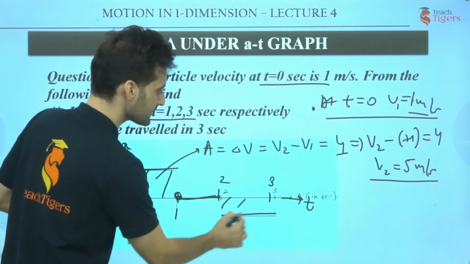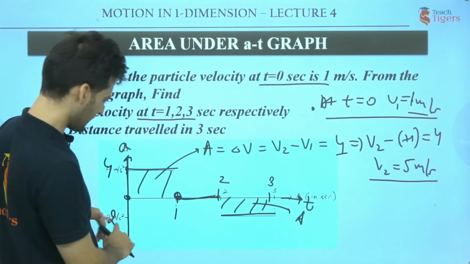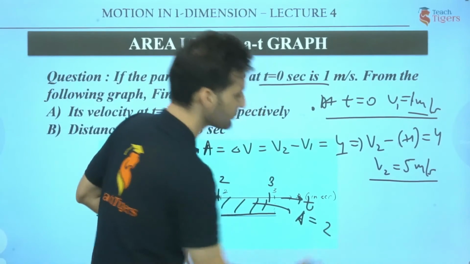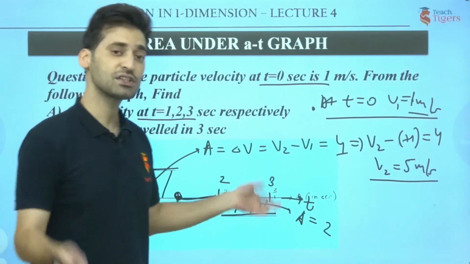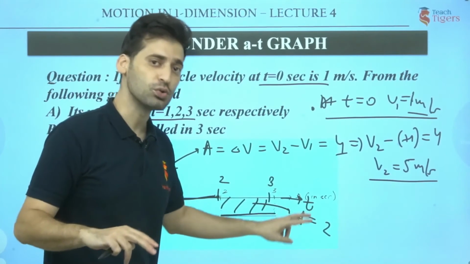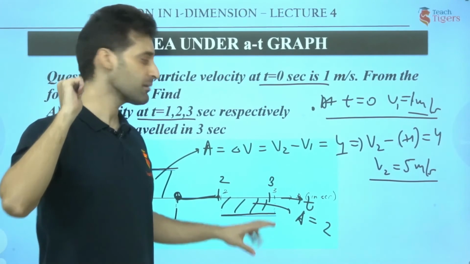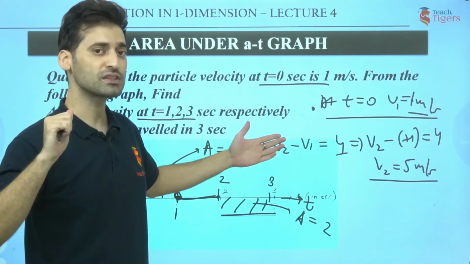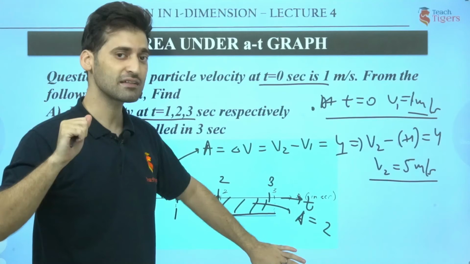Now you calculate this area over here. Again, if I take the rectangle, this is 2 here and this is 1. So this area is numerically coming out to be 2. Now this 2 means there is a change in velocity. How much change? 2. But remember one thing, here is a trick. आपको याद होगा velocity-time में above the time axis you take that, it will give you positive displacement, and below the time axis it was giving you negative displacement.